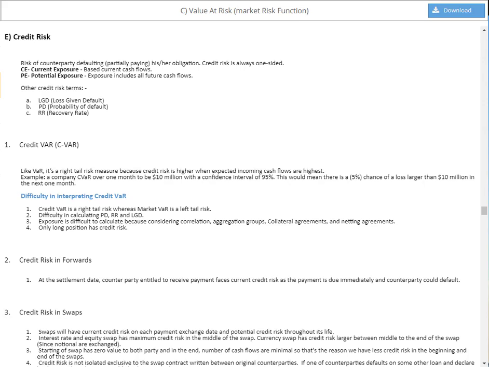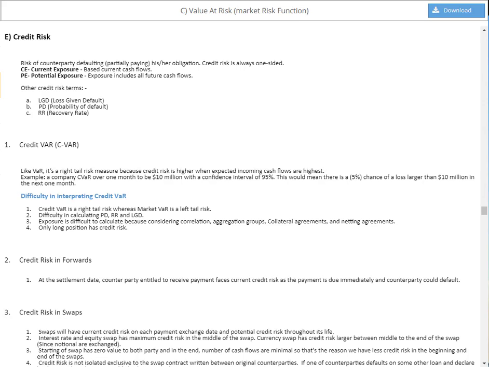There's a lot of complexity and statistical modeling involved to compute these values. Exposure is difficult to calculate because correlation, aggregation groups, collateral agreements, and netting agreements have to be taken into account to come up with the correct exposure values.